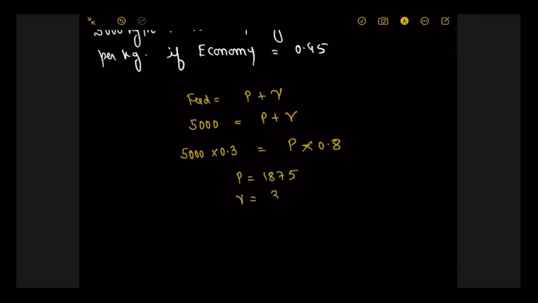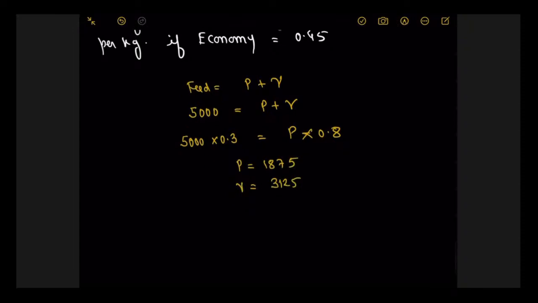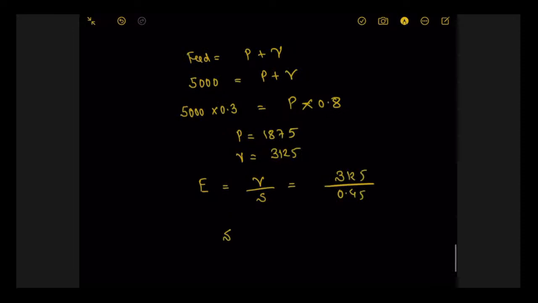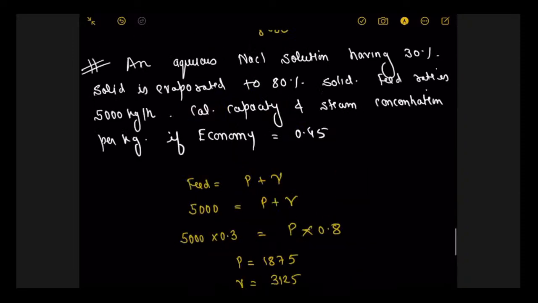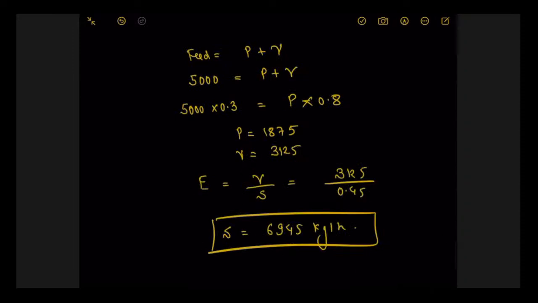V equals 3125. Economy equals vapor upon steam, that is 3125 upon steam equals 0.45. So steam fed equals 6945 kg per hour. So that is what was asked in the question, steam consumption, 6945.